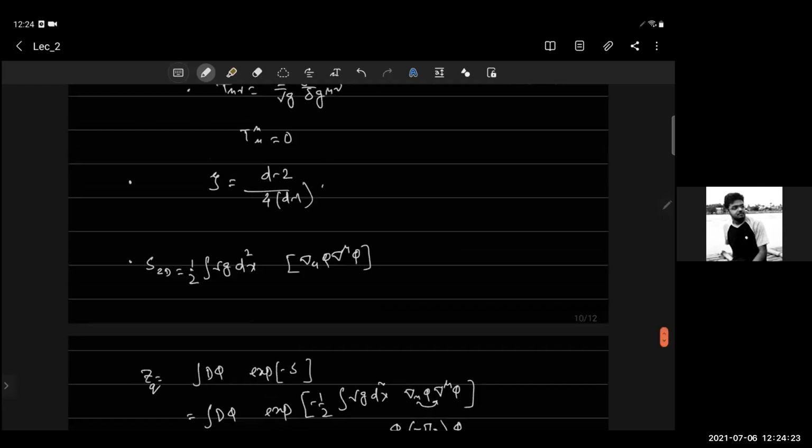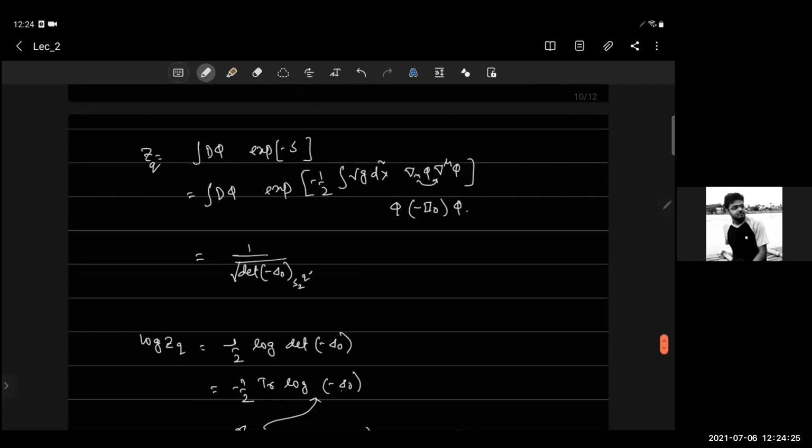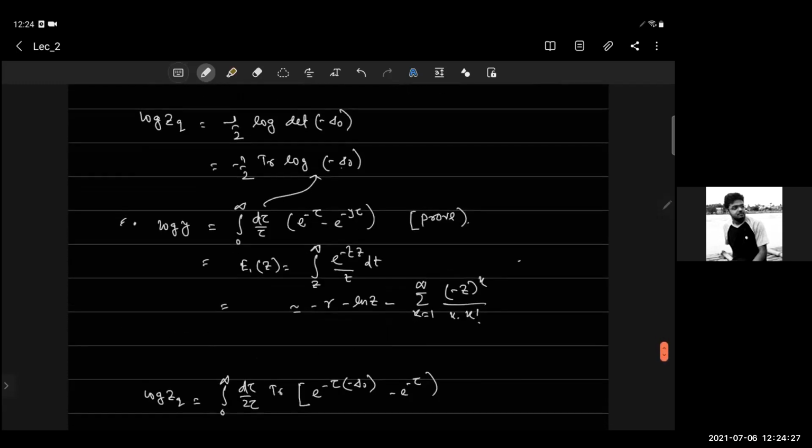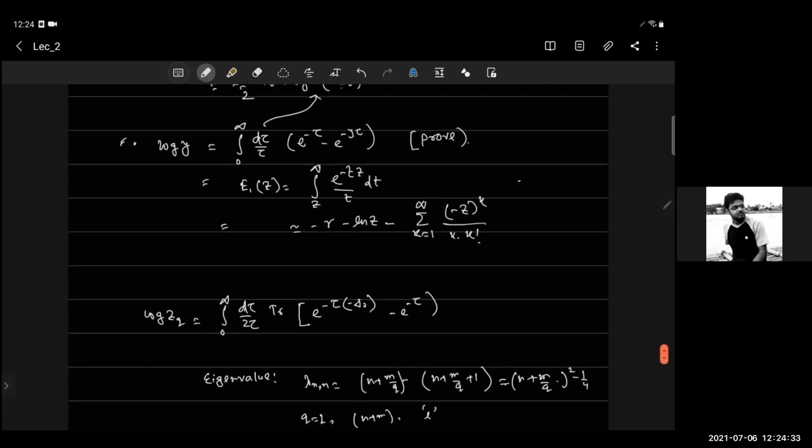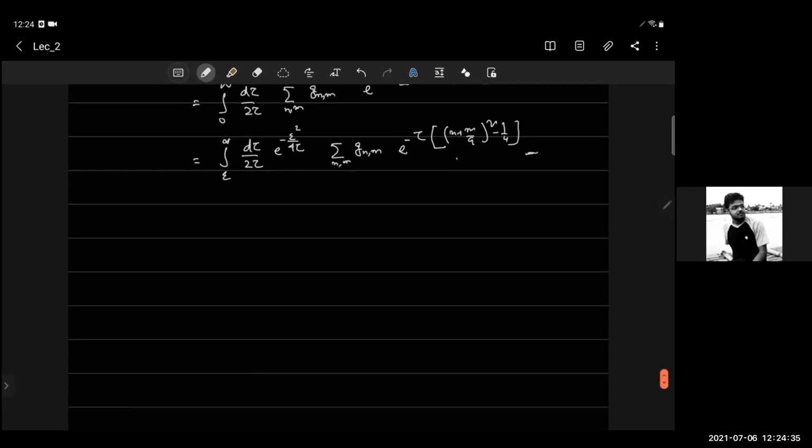I don't think anybody has seen this derivation. This is the computation of the one loop partition function, and this has been developed quite recently. I should mention the paper. It's by Tenef et al. It came out in October 2020. I forgot the archive number, I'll mention it.